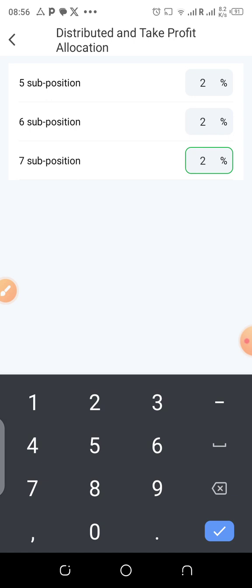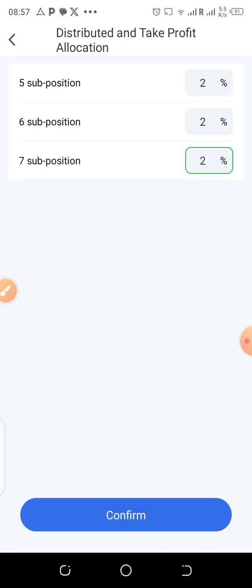From the 5th call up to the 7th call, the robot is going to be selling these ones separately. But from the 1st call up to the 4th call, the robot will always sell those ones at once. So I'm going to be taking 2%.